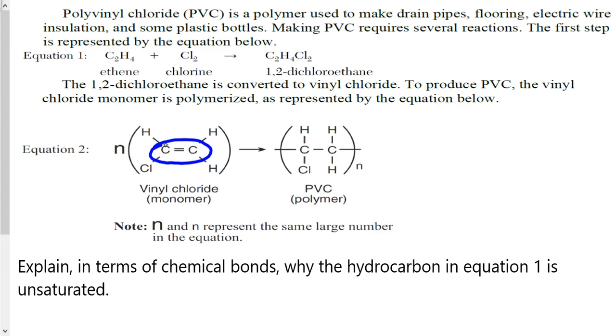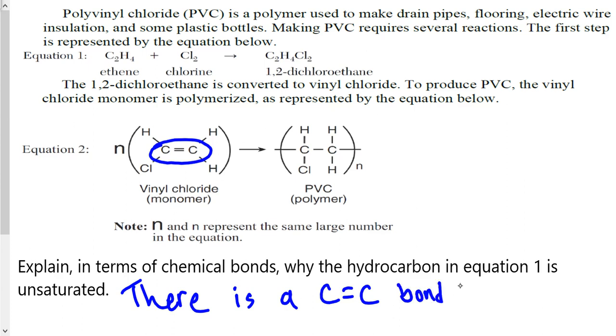All you can say is that there is a carbon double bond with another carbon in this molecule. So we can simply write that there is a C double bond C bond in each molecule.